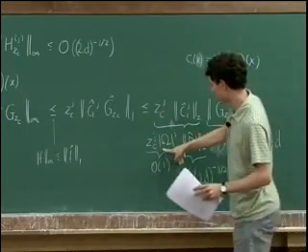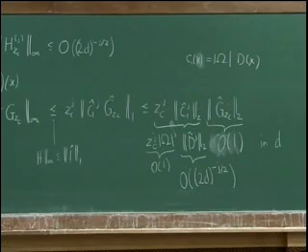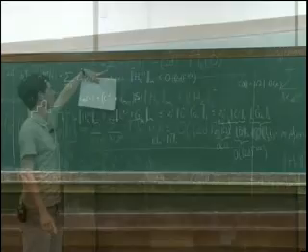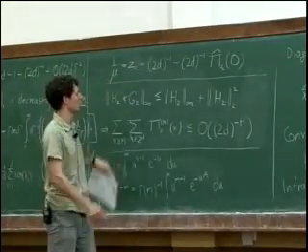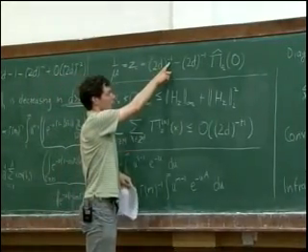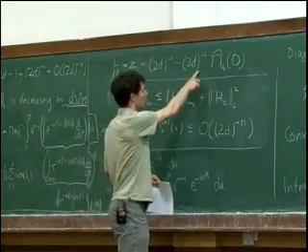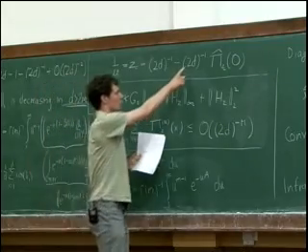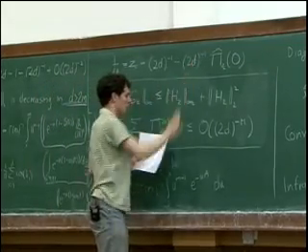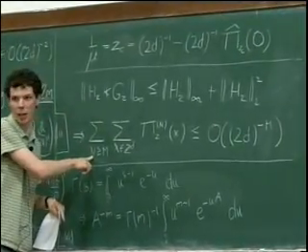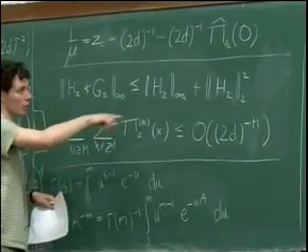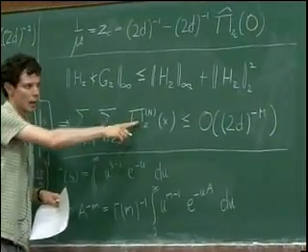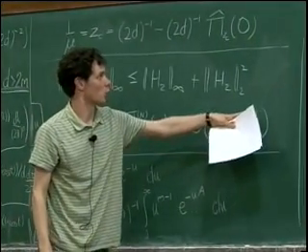So maybe let's do this first. We have this expression for z_c, which says that it's (2d) inverse plus a term which, as you can see here, is of order (2d) to the minus 2, because if we start the sum at 1, we're just getting the sum over all of the laces of pi, and this will be order (2d) to the minus 1.